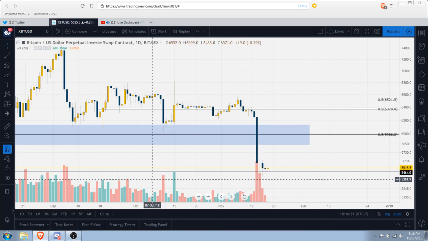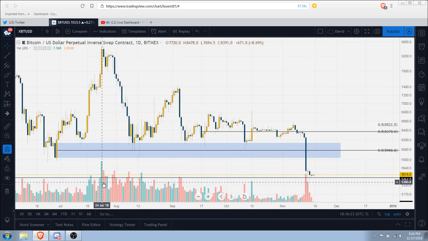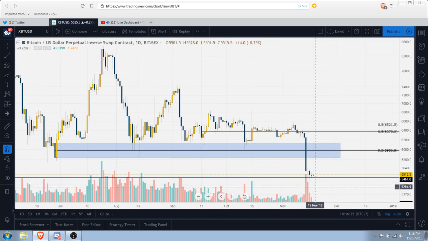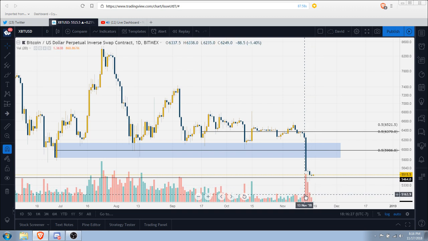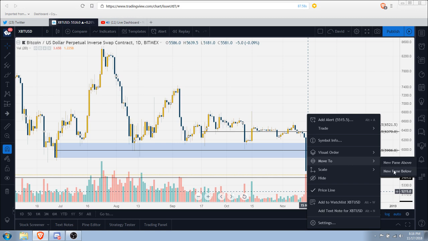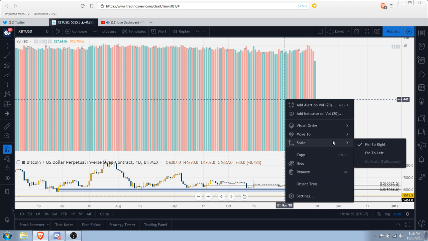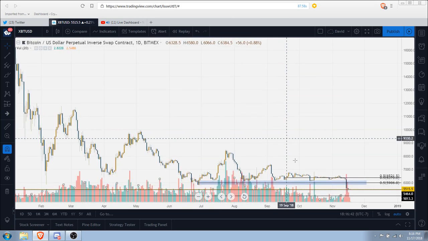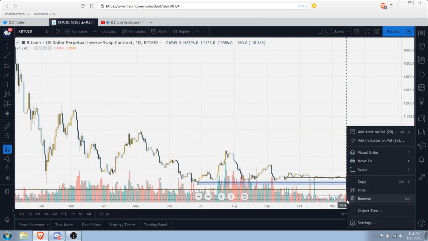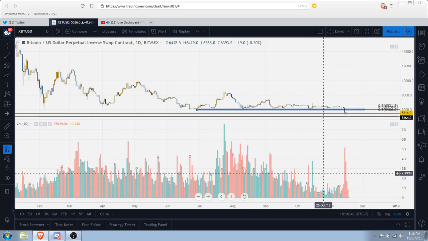So the first thing I was going to show you is what to do when you first add the volume indicator to your chart, which I believe every trader should have. On TradingView you're going to want to right-click the volume and then choose Move to New Pane below.